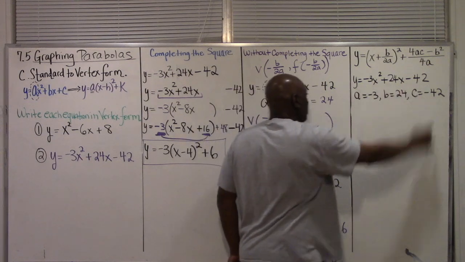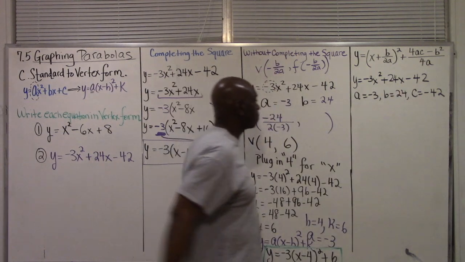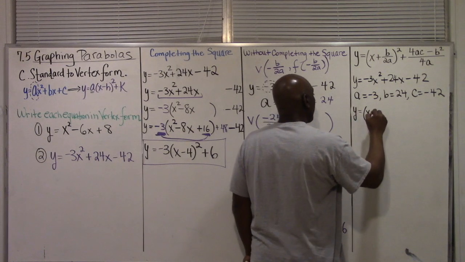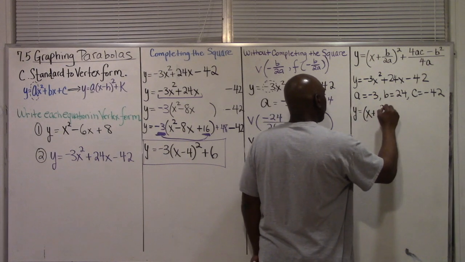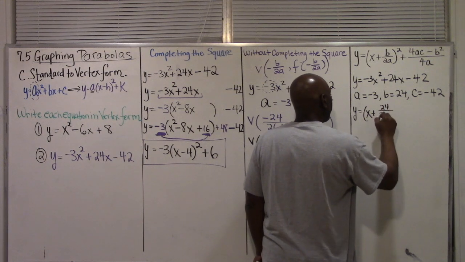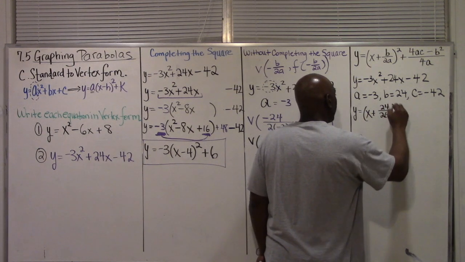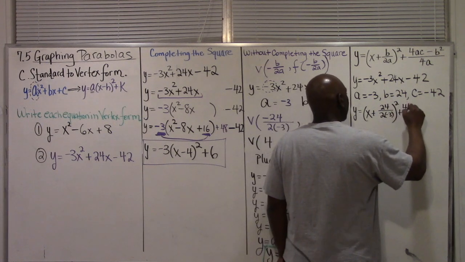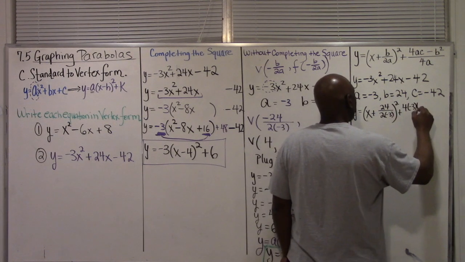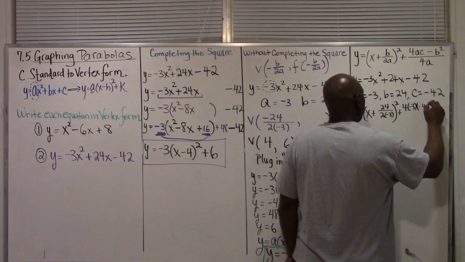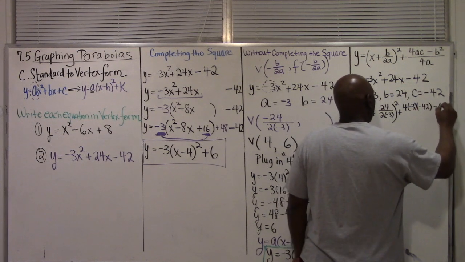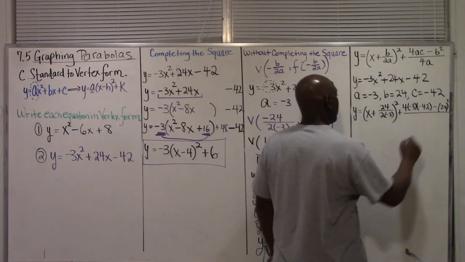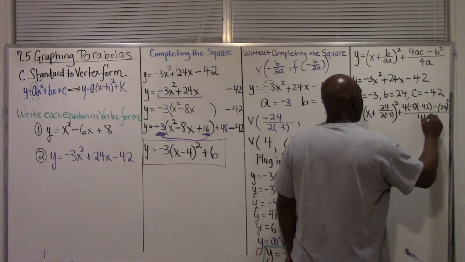A, B, C. Plug it in. y is going to equal x plus 24 over 2 times negative 3, quantity squared, plus 4 times negative 3 times negative 42 minus 24 squared, all divided by 4 times negative 3.